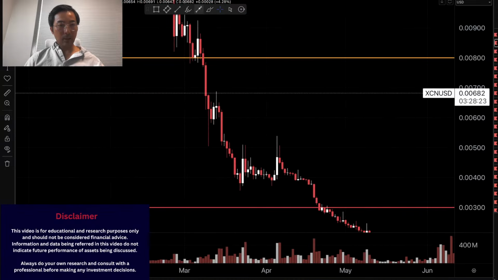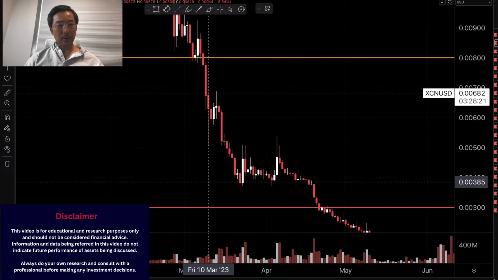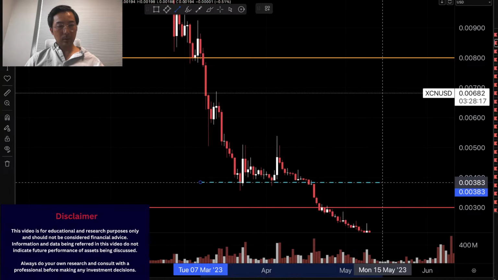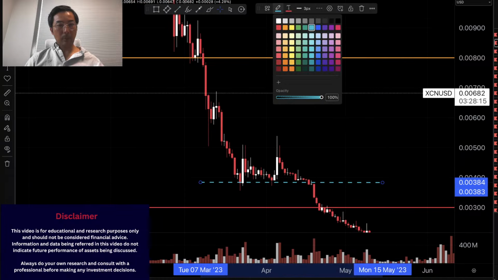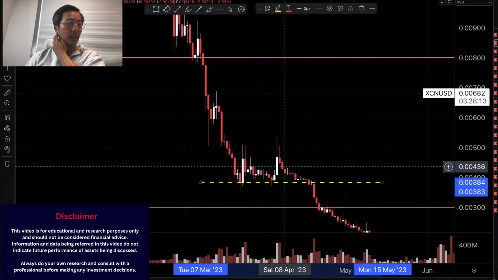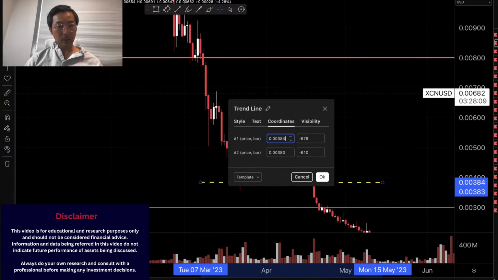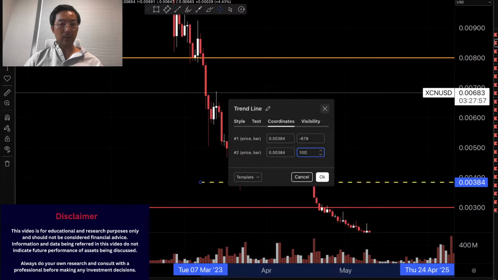So I'm trying to see, obviously there's one support here. We are going to extend the lines and we may be able to see something pretty interesting. So 3, 8, 4, let's align the two, and I want this to go to, let's say, 100. See where it extends to later.